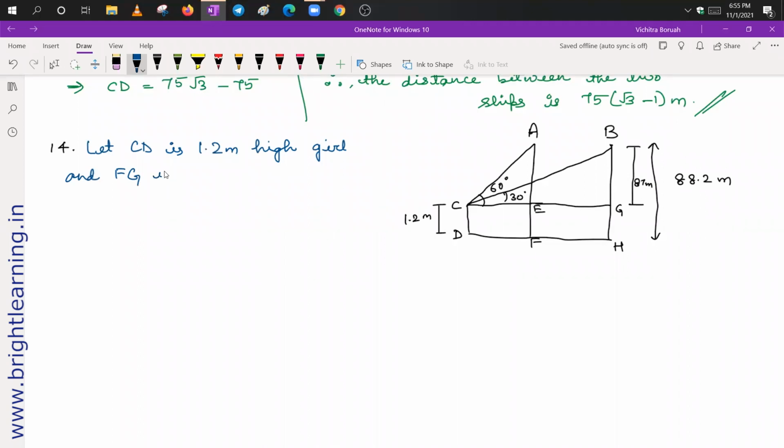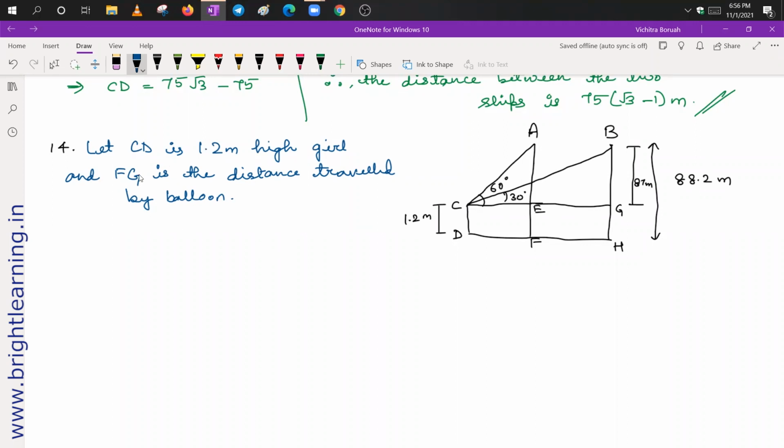FG is the distance traveled by the balloon.